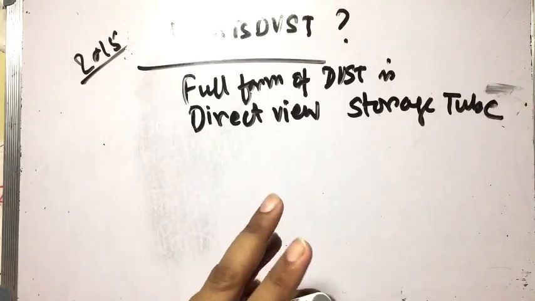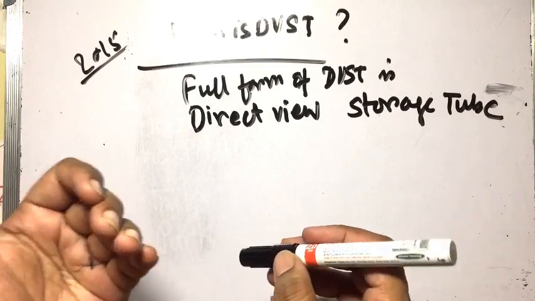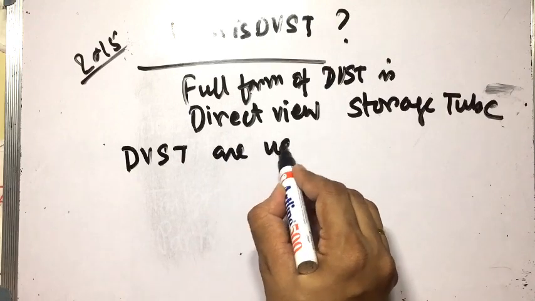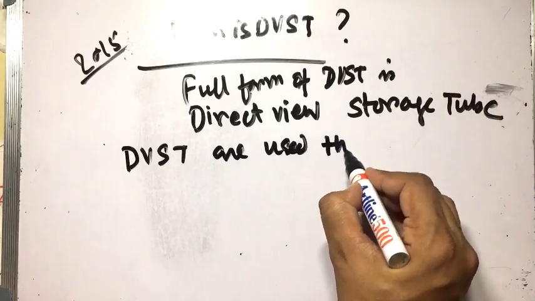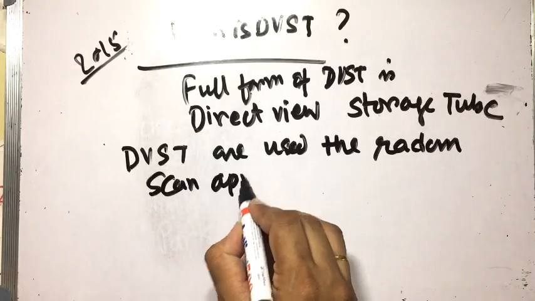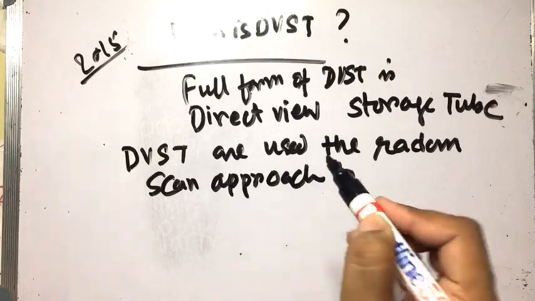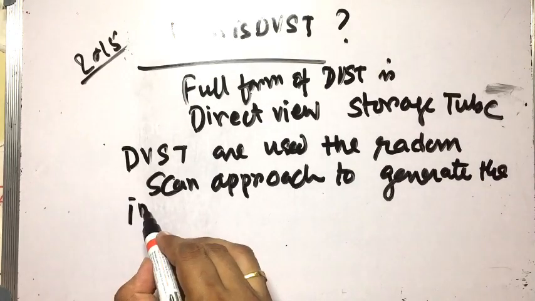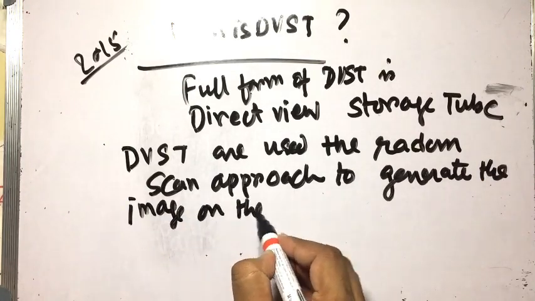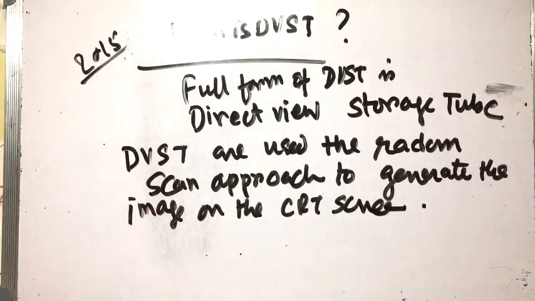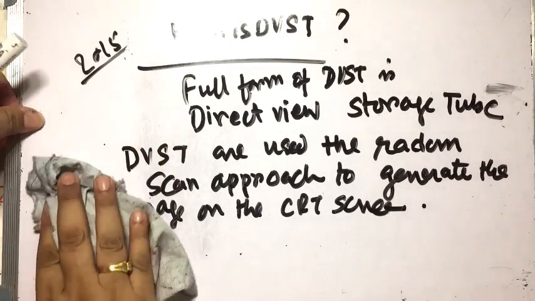This is one of the techniques through which we can generate an image on the CRT screen. DVST uses the random scan approach to generate the image on the CRT screen.